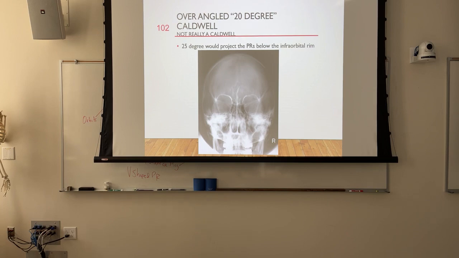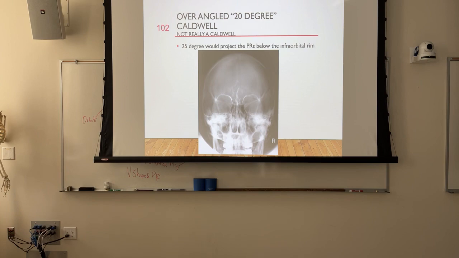So we're going to look at the Waters later on when we get into sinuses, and what you'll see is a commonality between a 30-degree caudal angulation on central ray for Caldwell and one of the modifications for the Waters, and specifically what you're going to see is similarity in position of petrous ridges, but distortion of the skull with the Caldwell versus the Waters, because we're going to position the patient's head for the Waters, position central ray for the Caldwell.